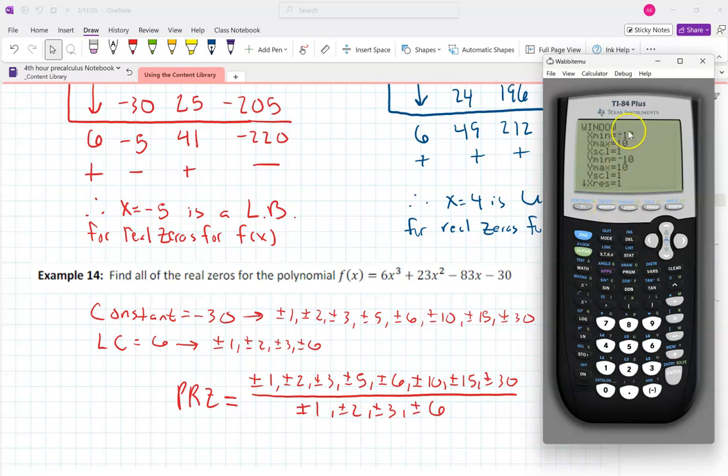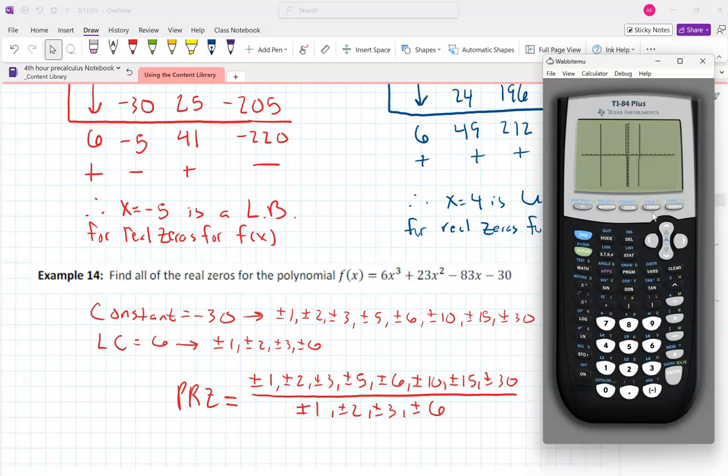I just graphed this on the standard window, so if you needed to reset your window, you just do zoom standard. I already did that earlier, so my window is back to normal after doing all the scatter plots from last chapter.